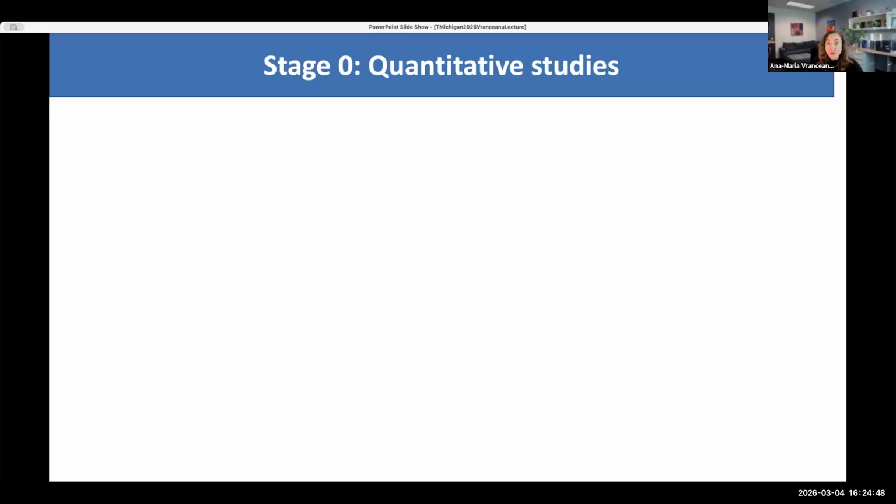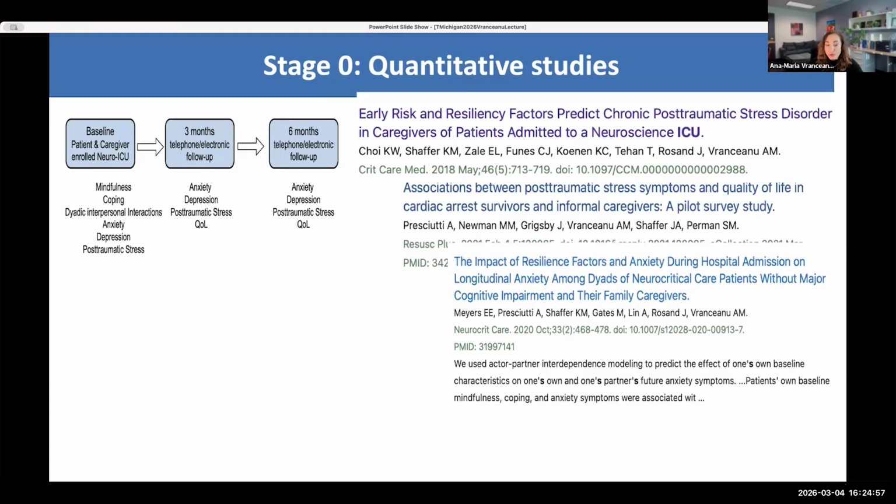Some people do well. And so we really wanted to focus only on those who need us. And we also wanted to identify the treatment targets. So we conducted this prospective study that followed dyads of patients and caregivers from admission to 3 and 6 months later.